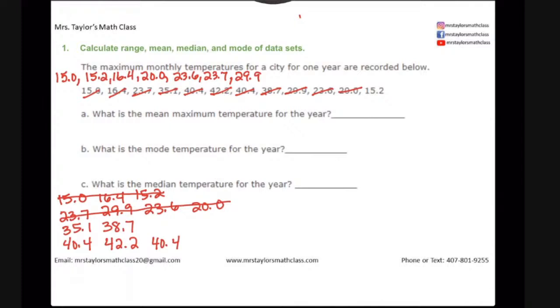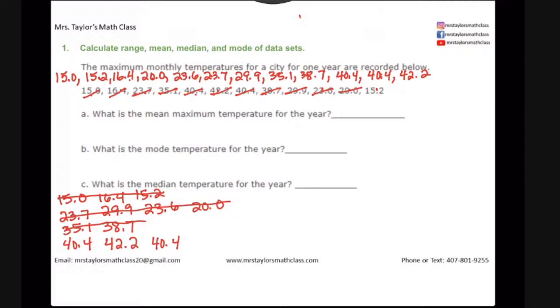And now we have 35.1, 38.7, 40.4, 40.4, and 42.2. Okay, so 1, 2, 3, 4, 5, 6, 7, 8, 9, 10, 11, 12 numbers. Counting again, 12 numbers. So we got everything there.